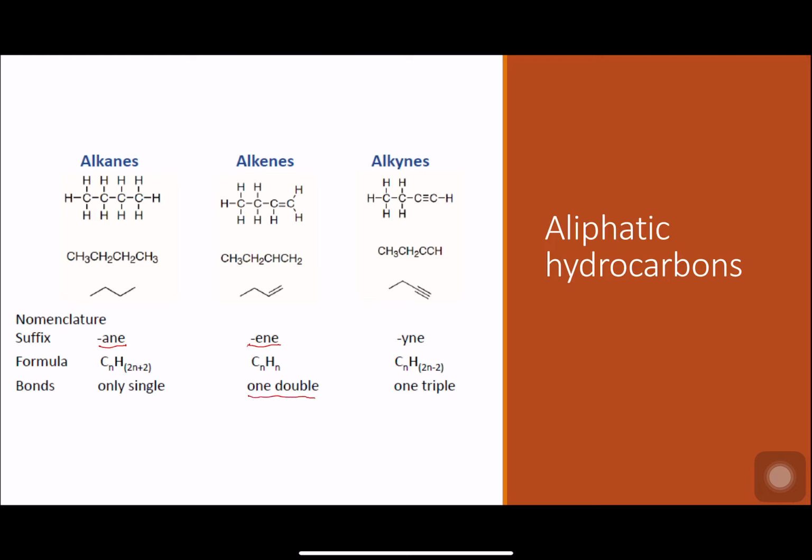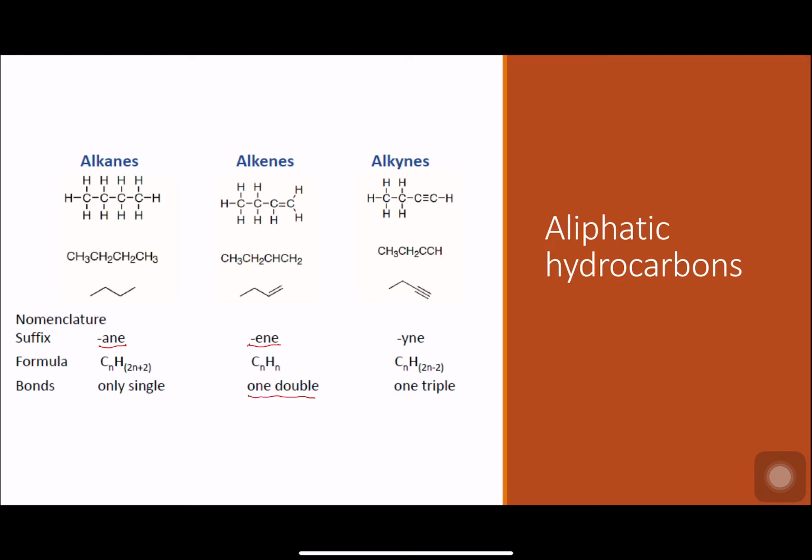So let's start with alkanes. Alkanes are the saturated hydrocarbons, as we know. They only contain single bonds. All the bonds are covalent bonds. So it has only carbon and hydrogen, with only single bonds between carbon and hydrogen atoms. All the carbon atoms have the hybridization of sp3, so sp3 hybrid orbitals.